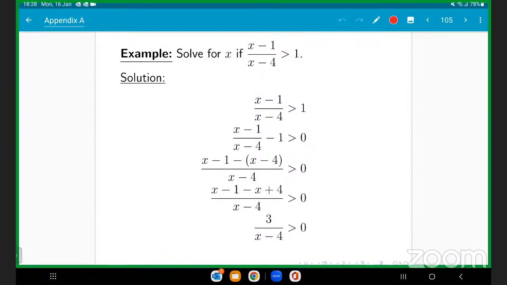To solve this inequality, we need to compare the signs of the numerator and denominator on this side here. But notice here that the numerator is a constant number, which is always positive. And therefore, the sign of this expression on the left will depend solely on the sign of the denominator.